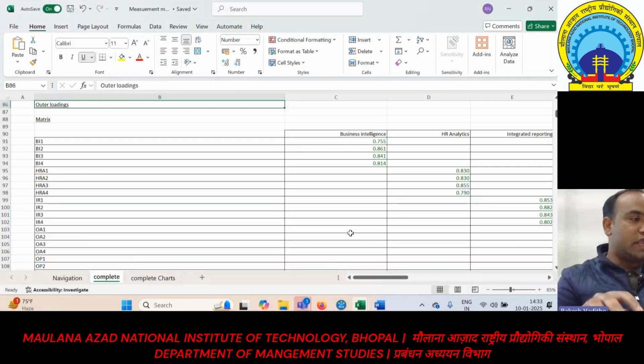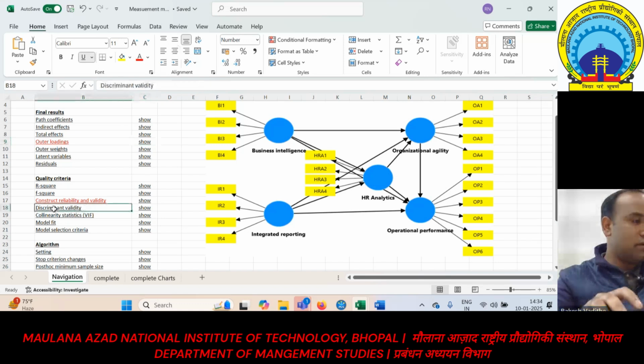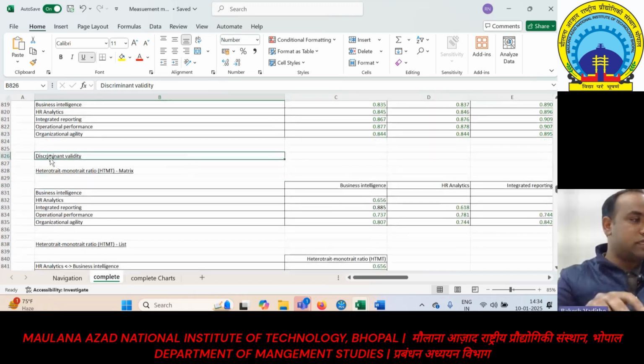Now go to that PLS model report. Here you can find the discriminant validity. Just below the construct reliability and validity, I am clicking the red one and going to the show option. Then scroll down. Here you will find the discriminant validity HTMT matrix. In discriminant validity, we have two steps.